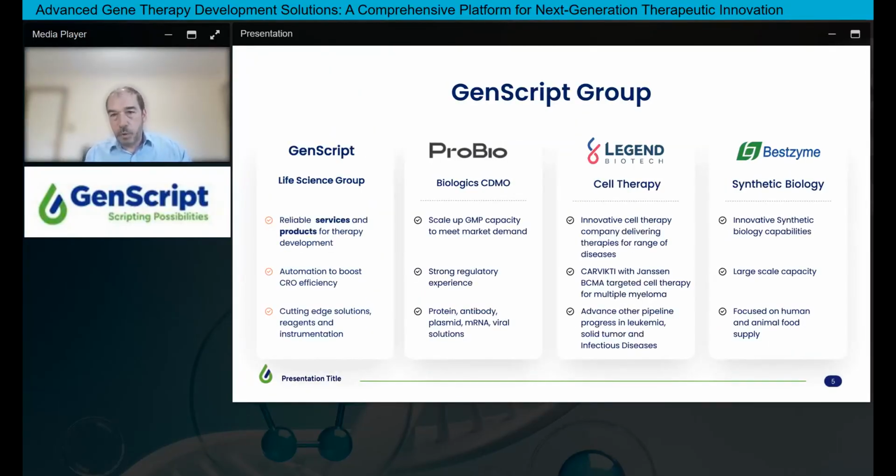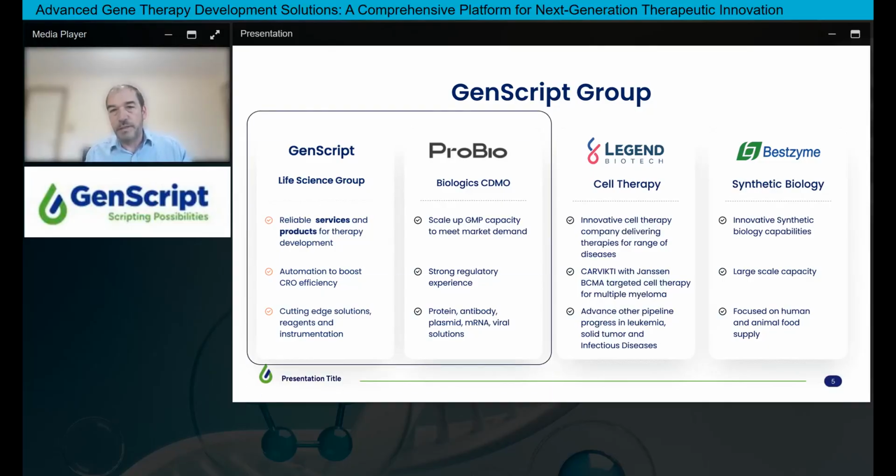So the GenScript group consists of several entities. Today, I'm not going to speak about all these entities. My talk will be focused on the entities on the left side, GenScript Life Science Group and ProBio Biologics CDMO division. So very briefly to introduce the entities on the right side, Bezyme is our synthetic biology division.